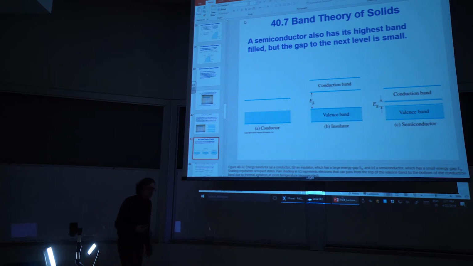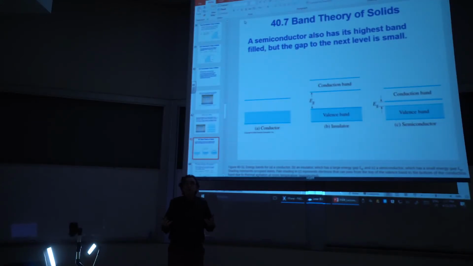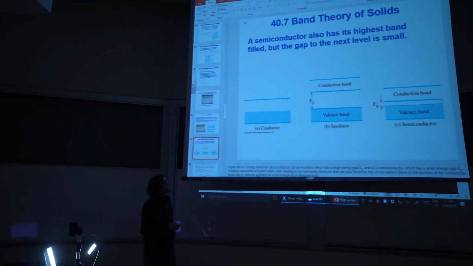It doesn't require much thermal energy, because these energy differences are so small, on the order of microvolts, that the kinetic energy, which is 3/2 kT, is already about 0.03 electron volts. So the thermal energy is more than enough to excite these electrons in the conductor.